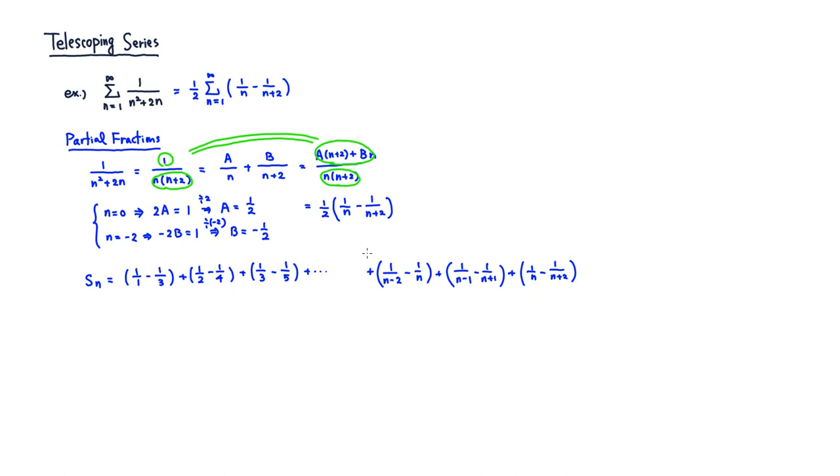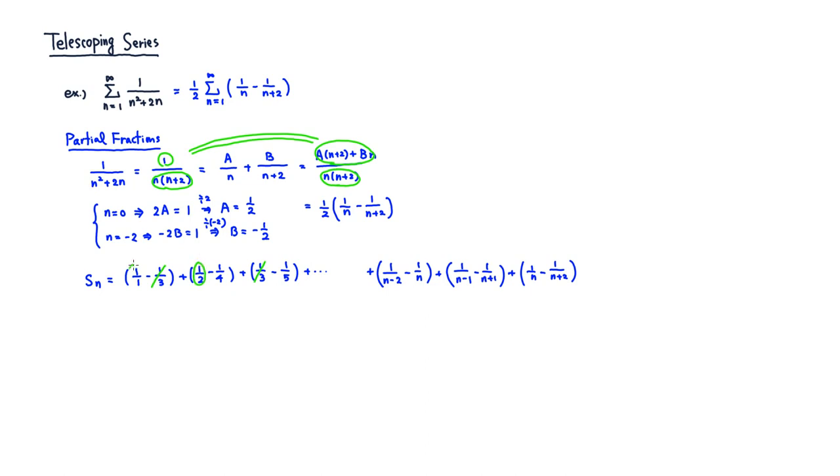So here's the pattern. You have a pair, and if you skip the entire parentheses and go to the next one, you get the same number except with a different sign. So negative 1/3 cancels with positive 1/3. Unfortunately, this 1/2 would have been paired up with this one, but we don't have those, so this one stays.